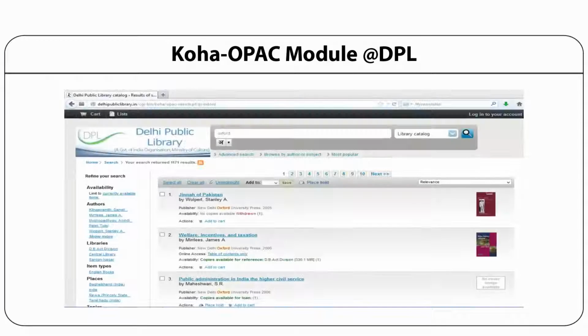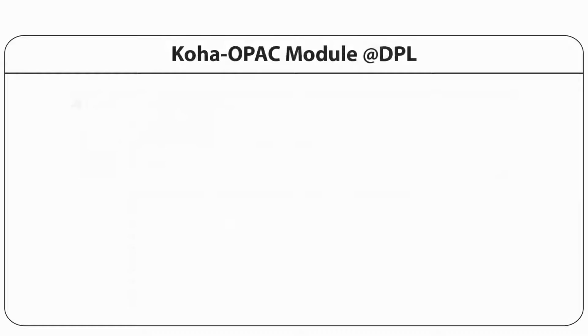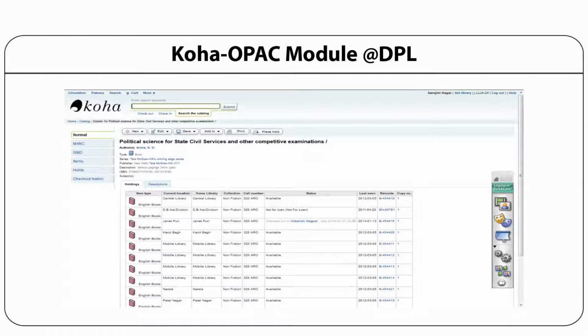The OPAC users can also submit suggestions for acquisitions. Koha automatically informs the OPAC user by email of the action taken on each suggestion. This screen shows the OPAC module of Delhi Public Library. The screen shows the OPAC module of Delhi Public Library showing the results of a search.